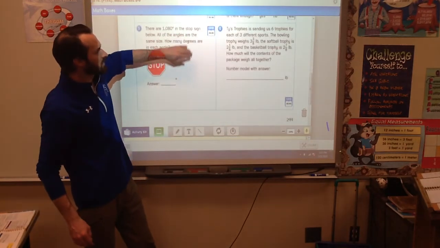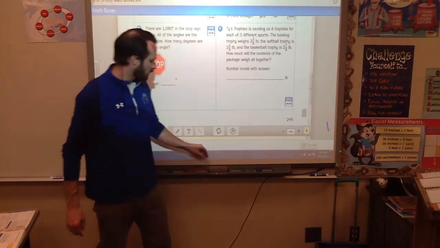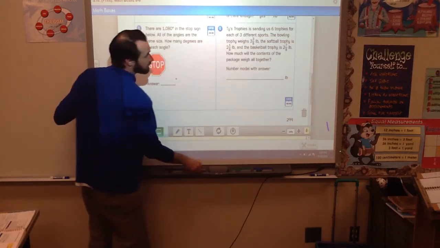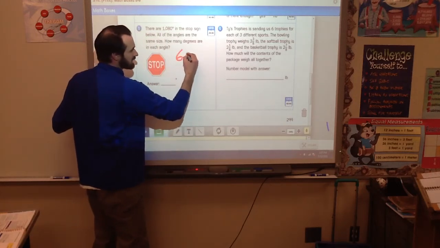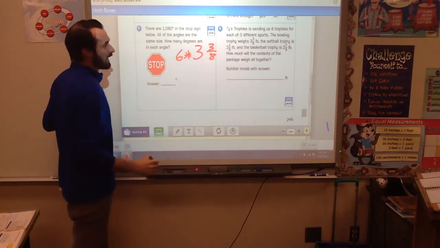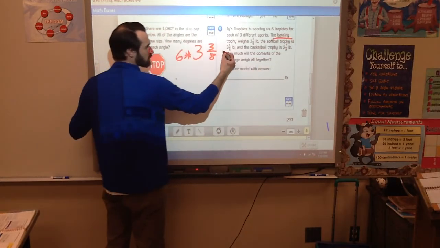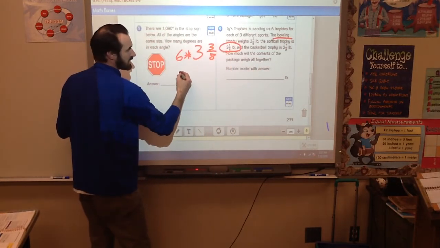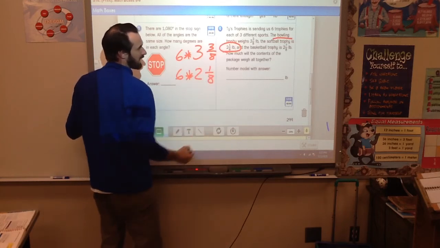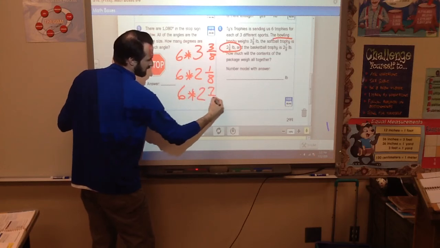Okay, Ty's Trophies is sending 6 trophies for each of 3 different sports. The bowling trophy weighs 3 3/8. So I'm going to use all the space that I have here. You need to do 6 times 3 3/8. And then, because that's the bowling, the softball trophy is 2 1/8, so that would be 6 times 2 1/8. And the basketball is 2 7/8, so that's 6 times 2 7/8.